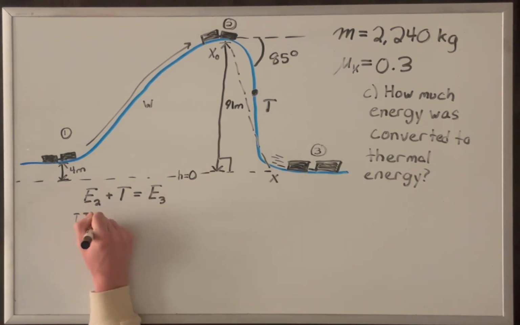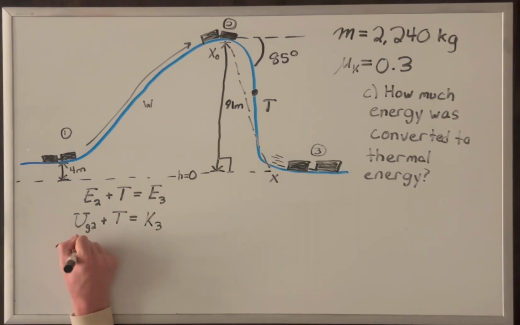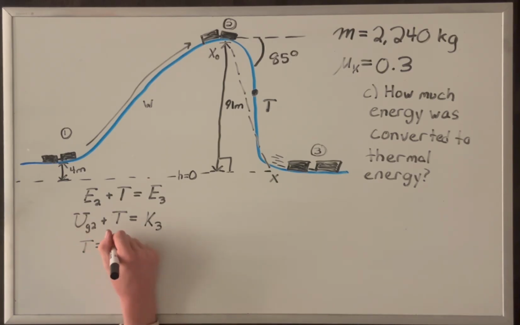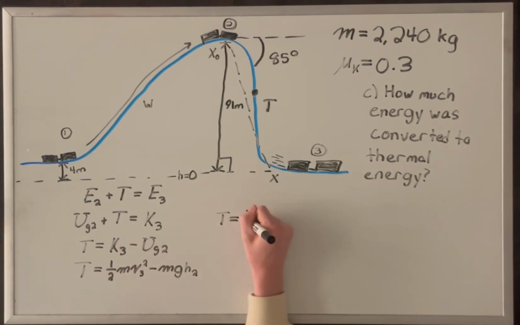Like I said, thermal energy is just a type of work. So the energy at point 2 plus the thermal energy is going to be the energy at point 3. At point 2 there's only gravitational energy, and at point 3 there's only kinetic energy. So then we can solve for thermal energy and plug in the equations that we've been using.